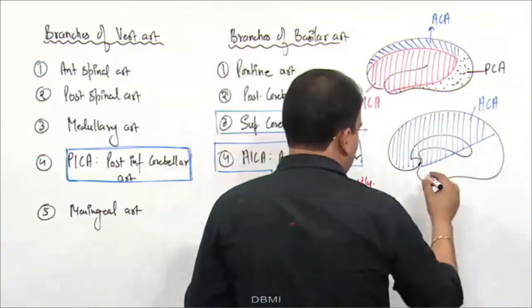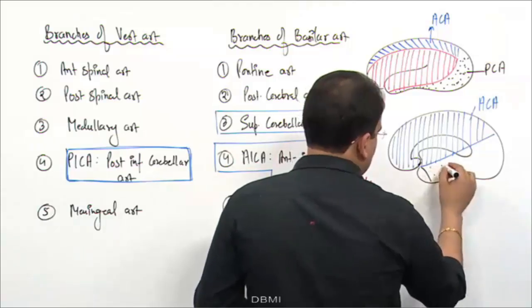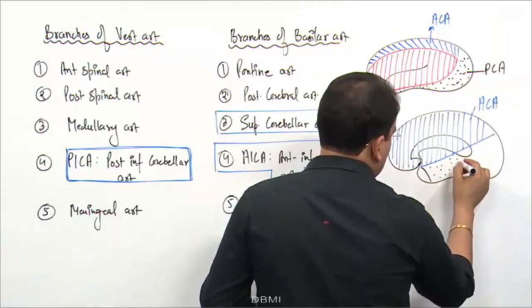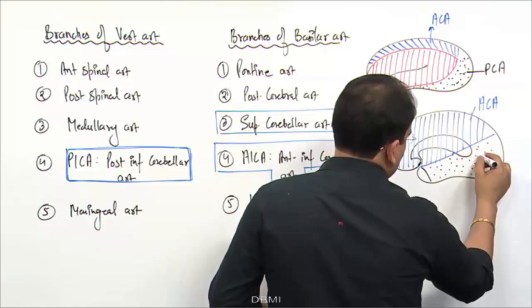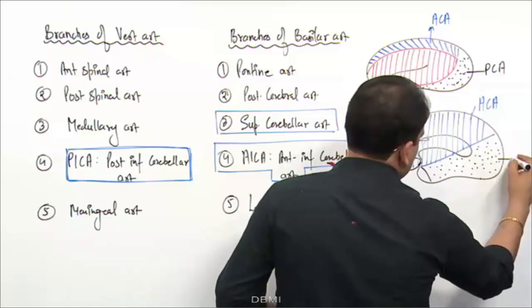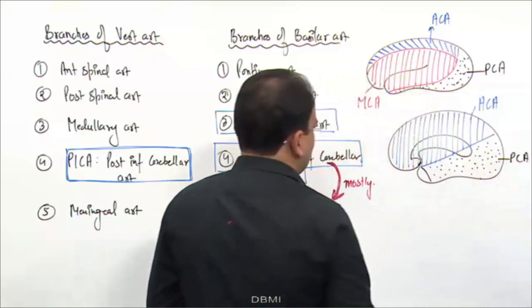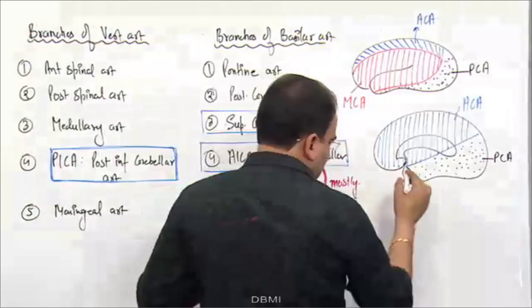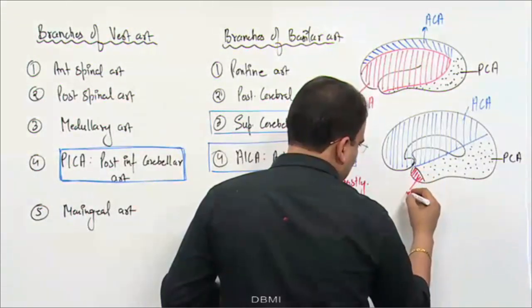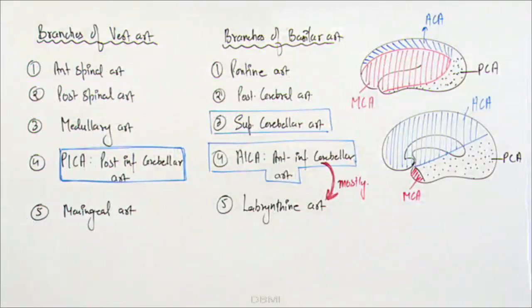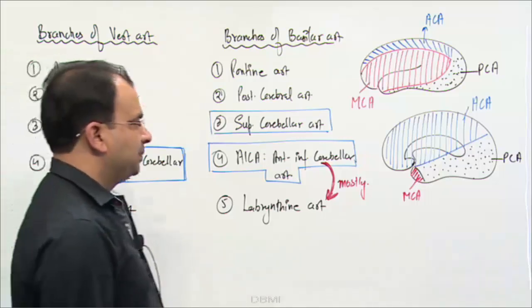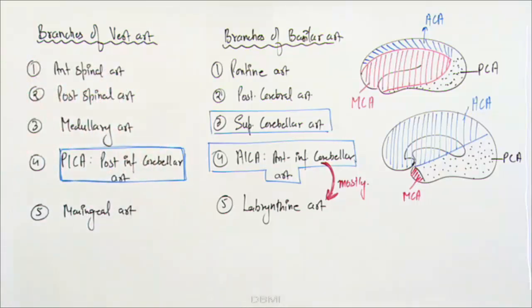The second dominant artery which you can see here is the posterior cerebral, mainly to the temporal lobes on its undersurface and the occipital cortex. And the small part, the temporal poles, is still by the middle cerebral artery. This is how the arterial division is to be seen on the superolateral surface and medial surface of the brain.